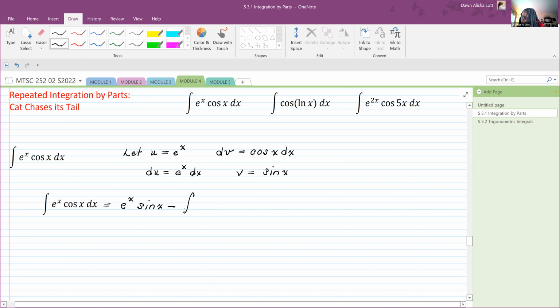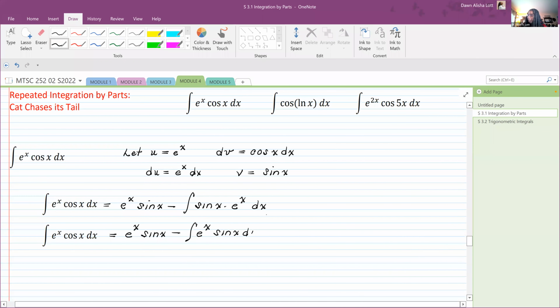So u times v minus the integral of v, which is the sine of x, du, which is e to the x dx. So now I get e to the x cosine x is equal to e to the x times the sine of x minus the integral of e to the x times the sine of x dx.